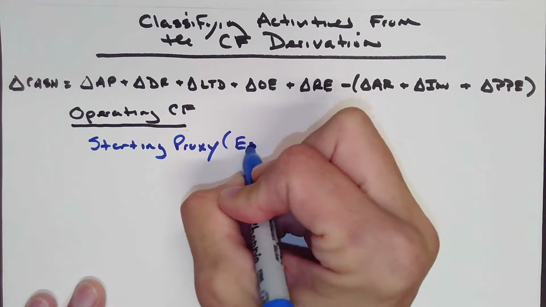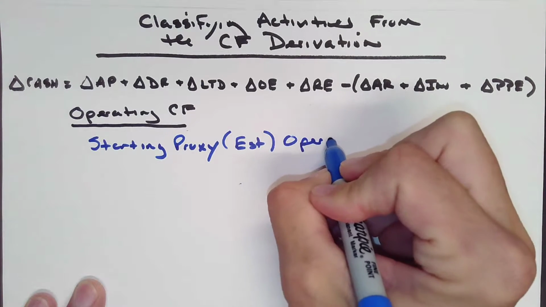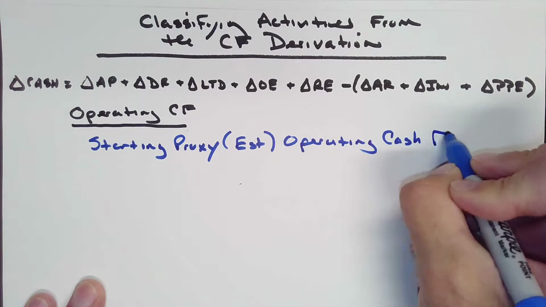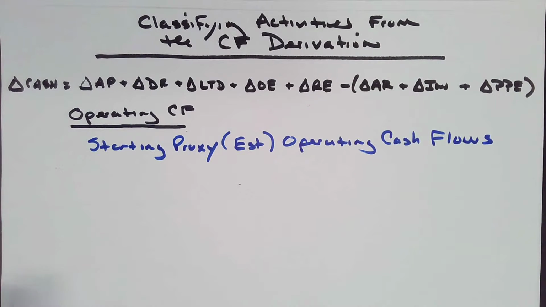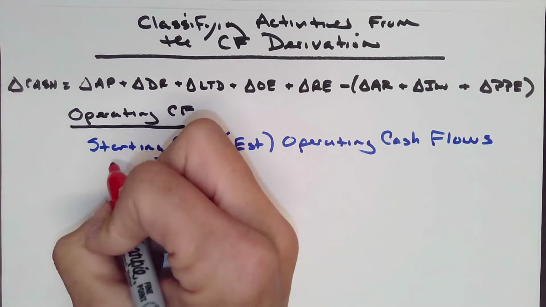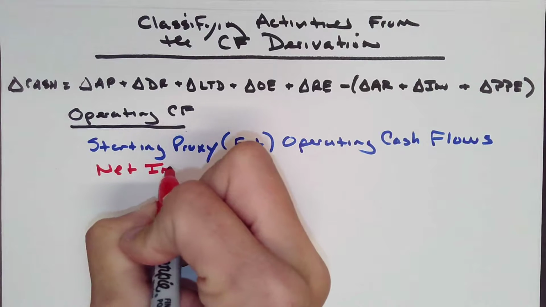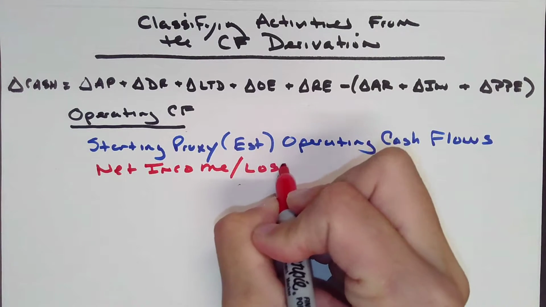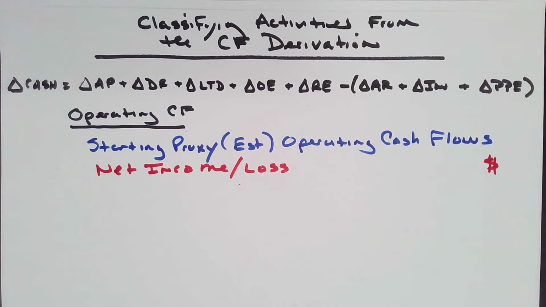Estimate for operating cash flows. And that number is always net income or loss. So we're always starting with this.